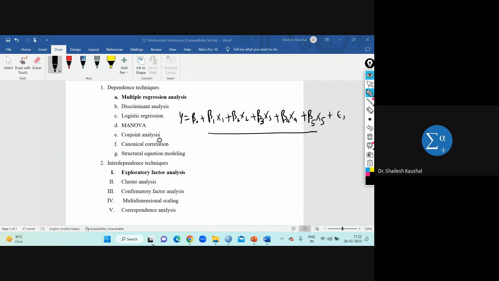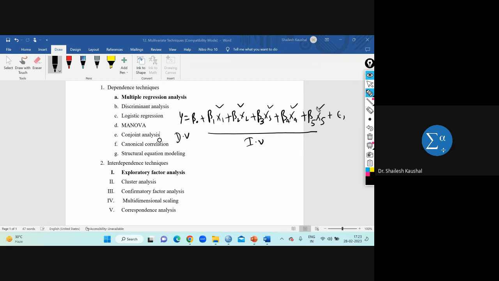Here y is the dependent variable and all x1, x2, x3, x4, x5 are independent variables.